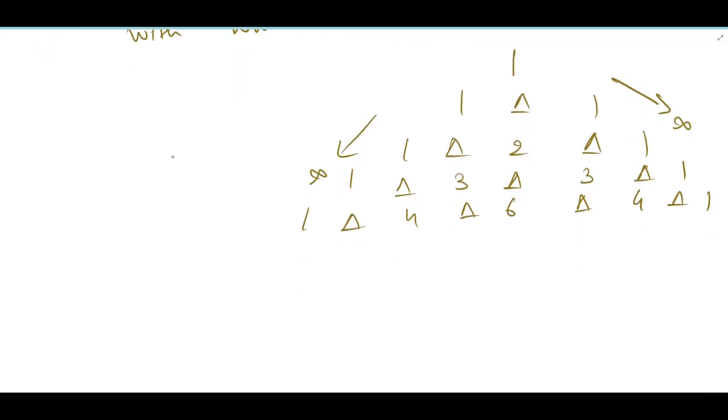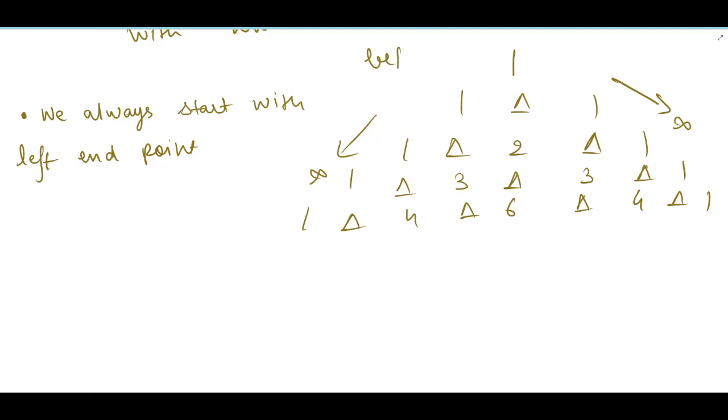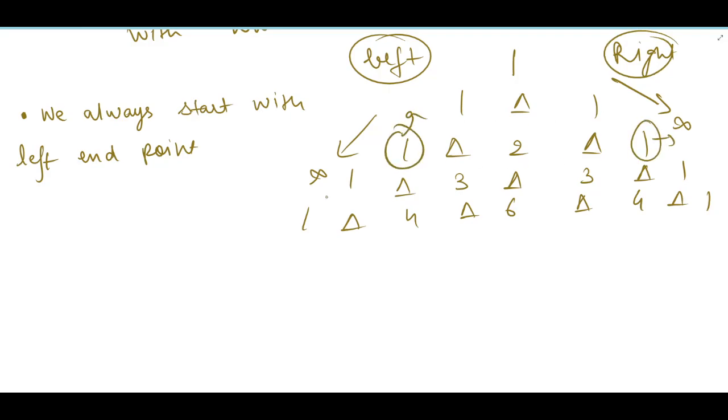If we have the triangle, we will always start from the left-hand point, or we always start with the left end point. This is the left side and this is the right side, and this is the left end point and this is the right end point.